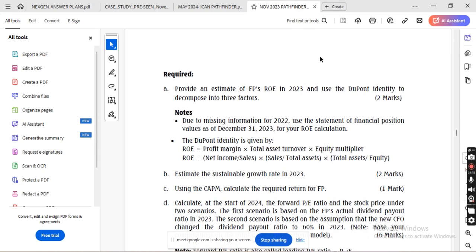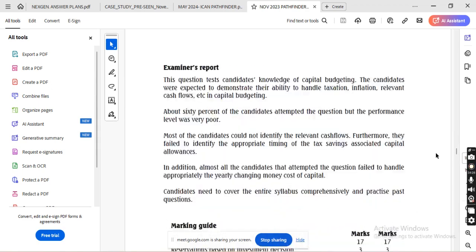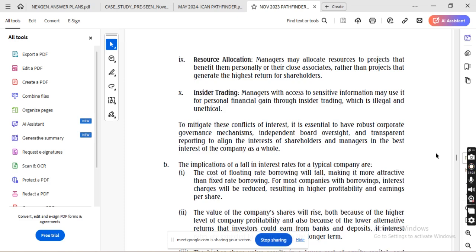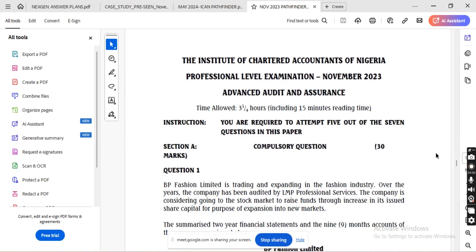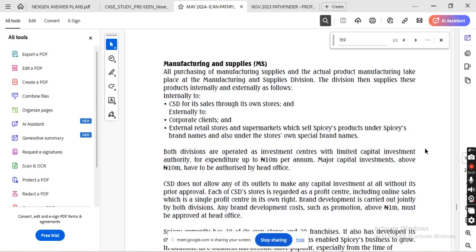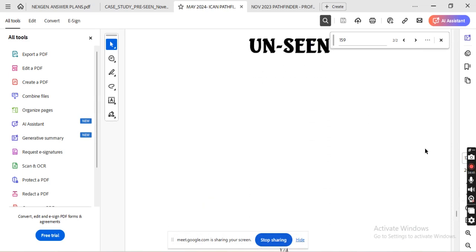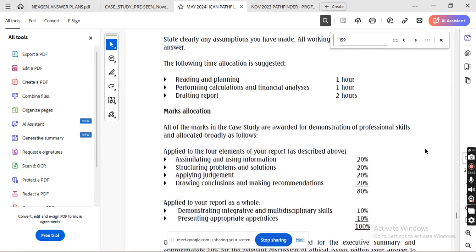Okay. Let's use this. Oh, 15 minutes. Okay. Let's use this. How many pages? Let's use this. Okay. This is the unseen, right?